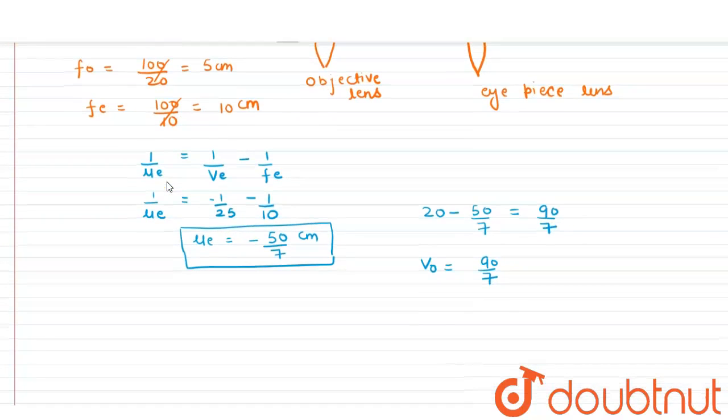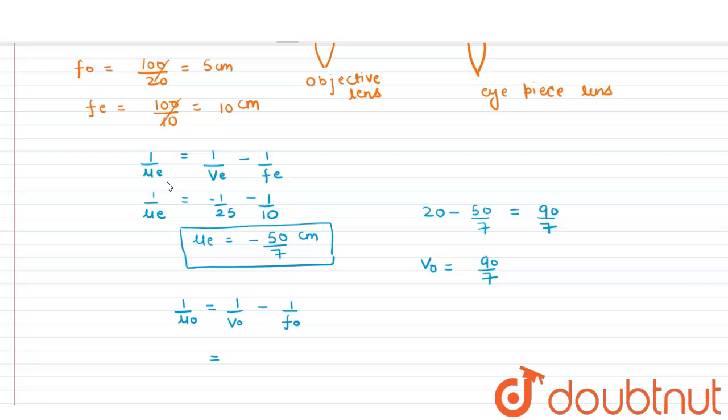So again we apply the lens formula for the objective lens: 1 upon u_0 equals 1 upon v_0 minus 1 upon f_0. Put all the values, and here we find the value of u_0, where the object is placed.